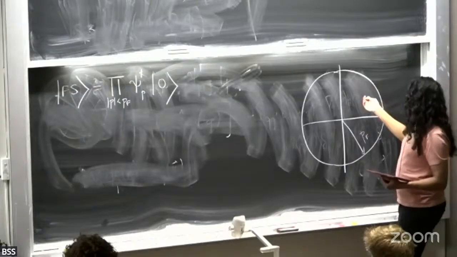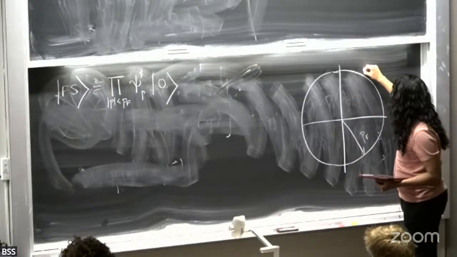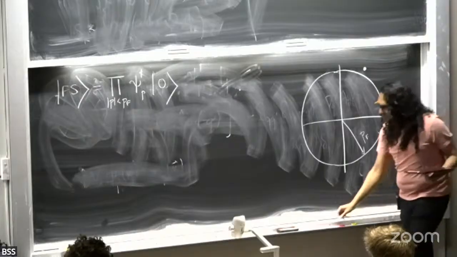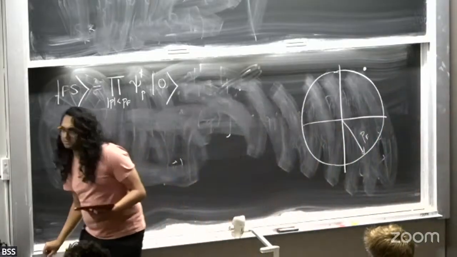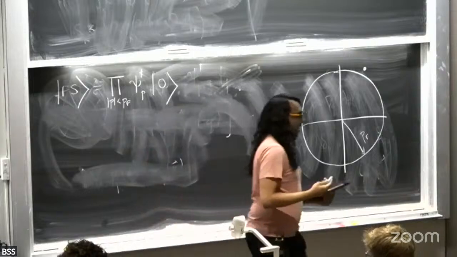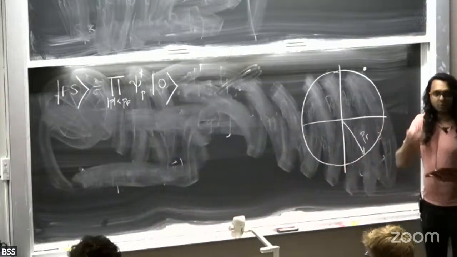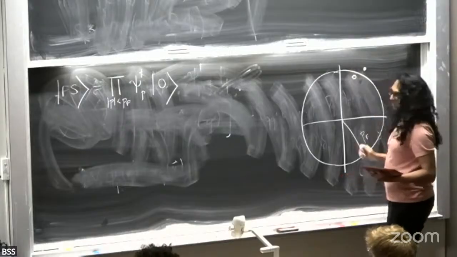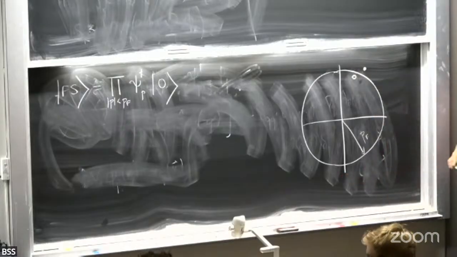A single excitation on top of this would be to add a fermion on top, make it low energy so that it's close enough to the Fermi surface. But this changes the charge eigenvalue of the state. So in order to compensate for that, I'll also add a hole somewhere here if I want to work in a charge neutral sector. All right.